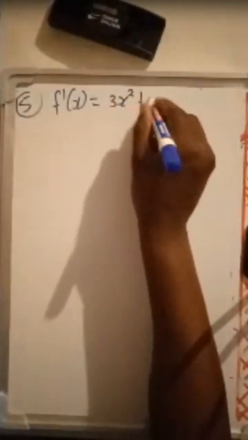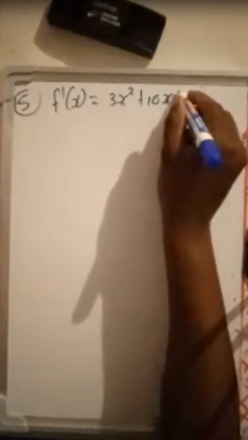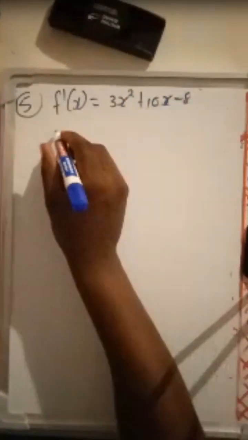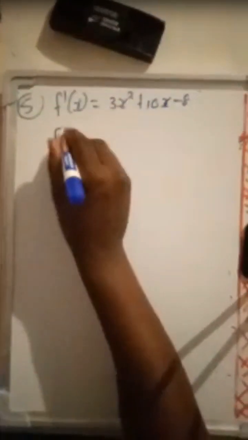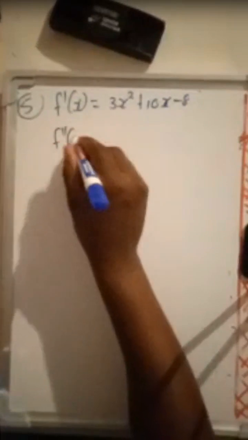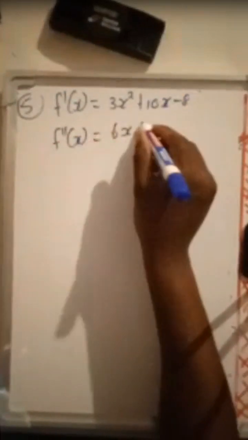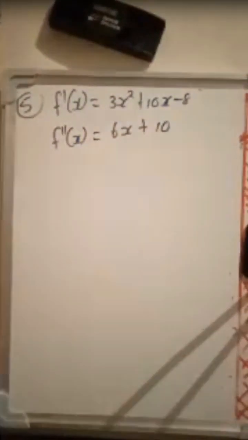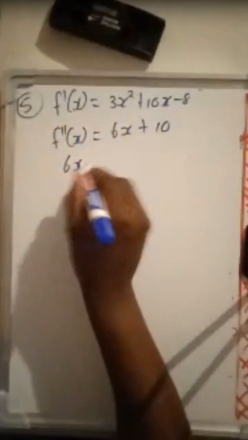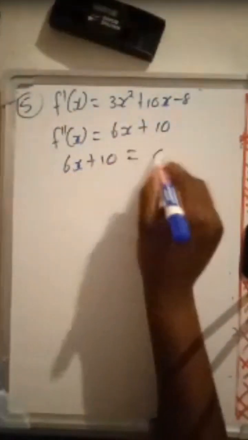The first derivative, we got it as 3x squared plus 10x minus 8. Now, the point of inflection, remember, is the second derivative equated to 0. So this is 6x plus 10. So 6x plus 10 is equal to 0.